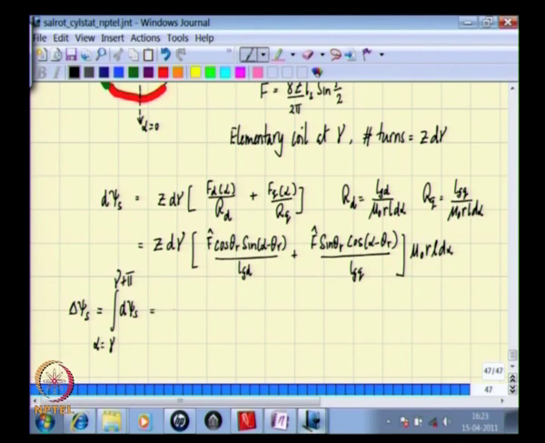And that can then be done as Z times d gamma.